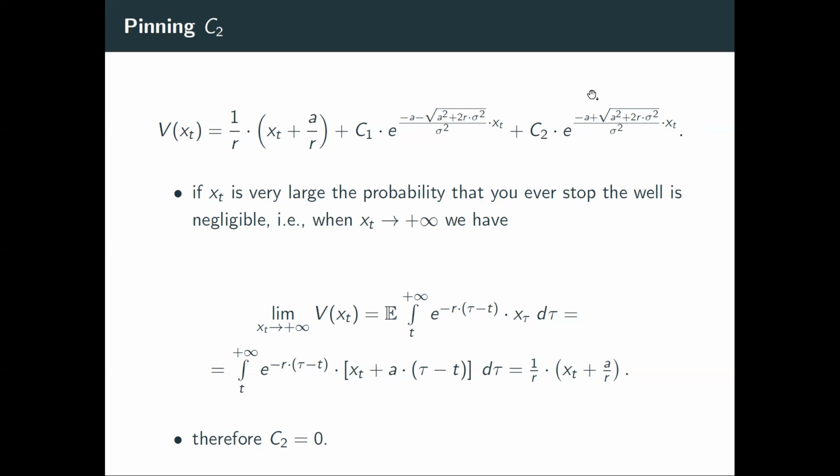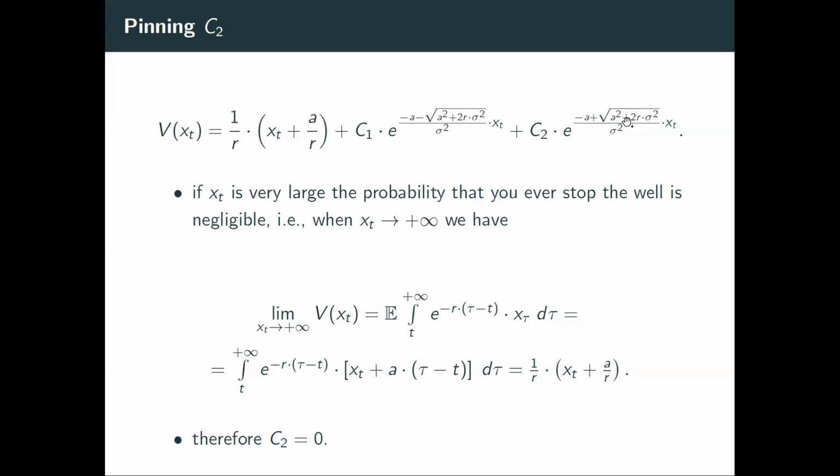To actually make it 0, because this one is already 0 and these are equal to each other, the only possibility for us to make it 0 is just to have c2 equal to 0. So these were some additional considerations that we used exactly for this problem. I won't say that these additional considerations are standard for dynamic problems, but sometimes you have to impose them.